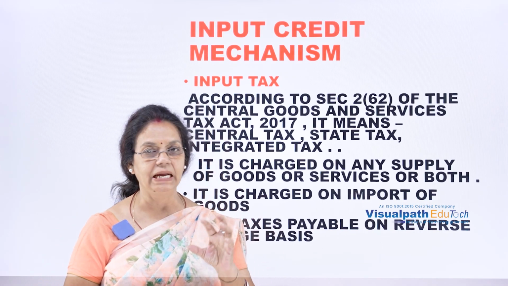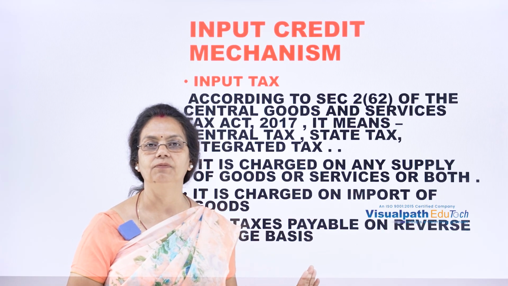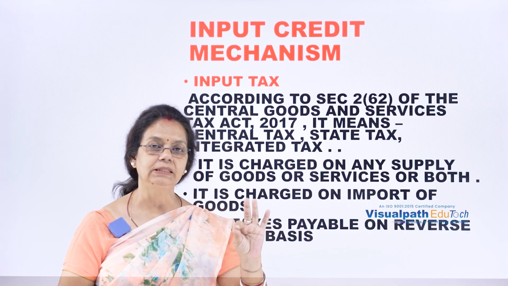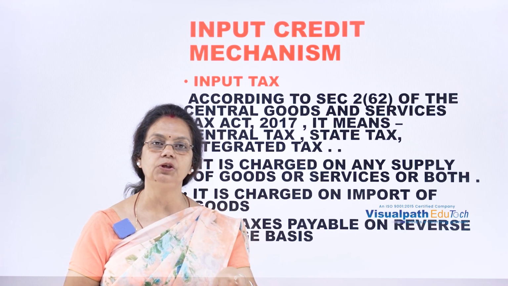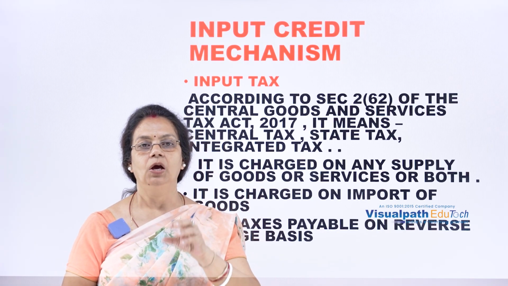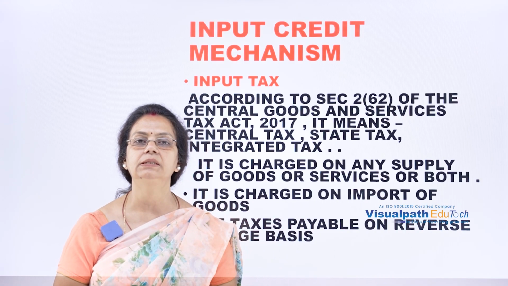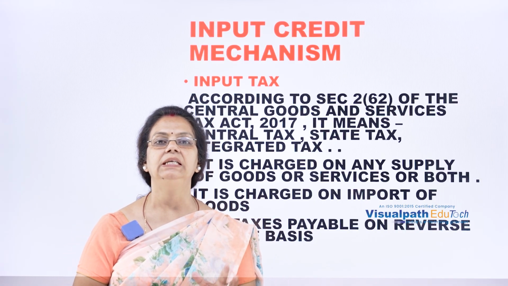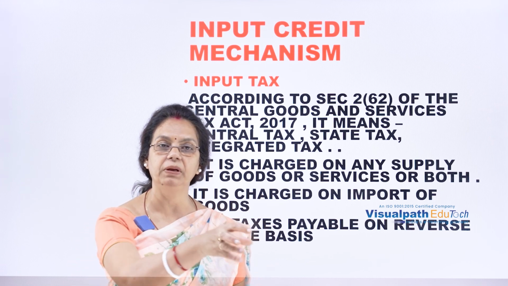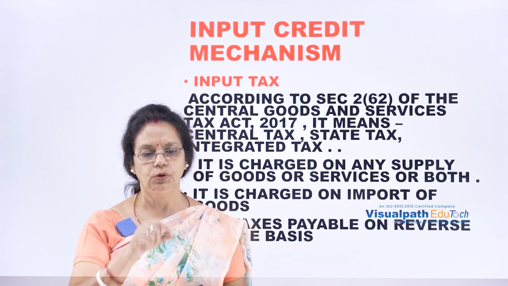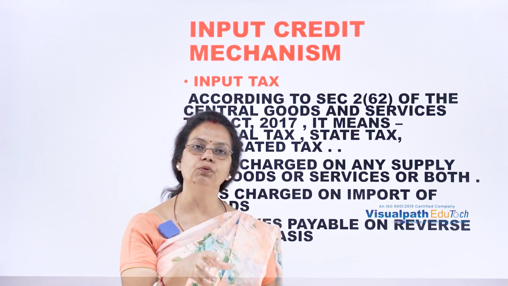Fine. So what we come to know from the points here is that this tax procedure, the entire procedure of charging the tax for the state as well as for the central, is the mechanism of the tax. This is known as input tax, how to implement the tax. There are different calculations. Practically, we have to do a few calculations.